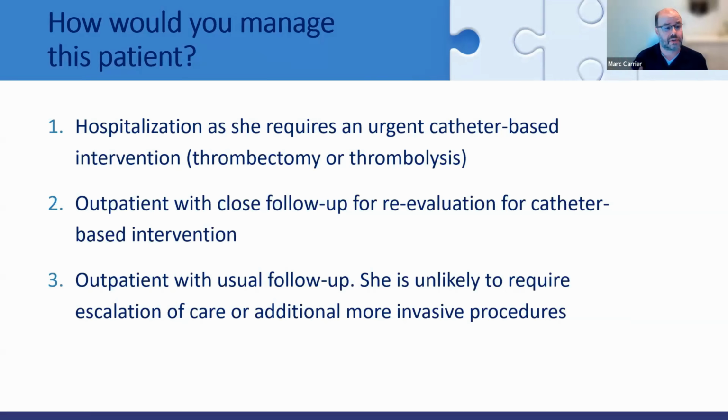Are you going to say, well, this is a young individual, we still have time, so we'll start anticoagulation, and do close follow-up for reevaluation with catheter-based intervention down the road, if you have access to a thrombosis clinic, for example, in your center? Or are you going to say extensive or proximal deep vein thrombosis doesn't really matter?